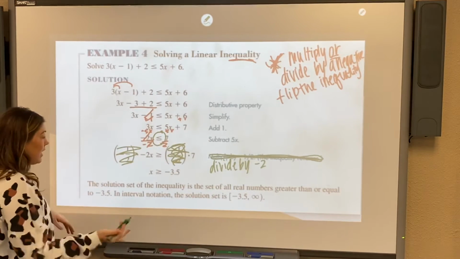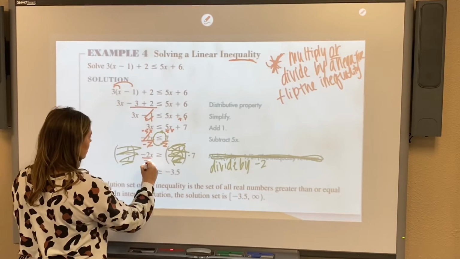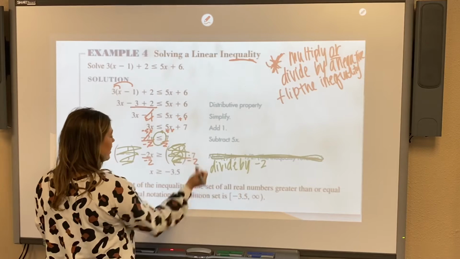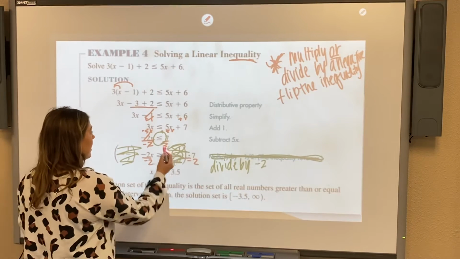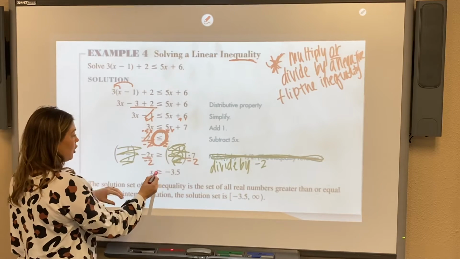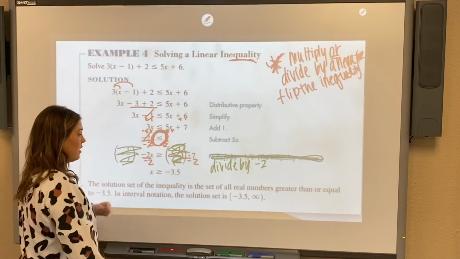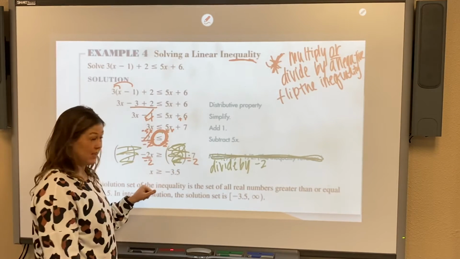If we divide by a negative 2 to both sides, 7 divided by negative 2 would be negative 3.5. And then this was a less than or equal to. Now it is a greater than or equal to. So our inequality flipped.